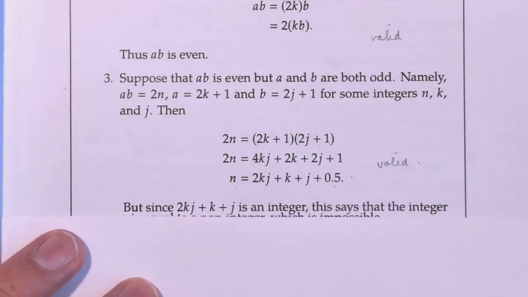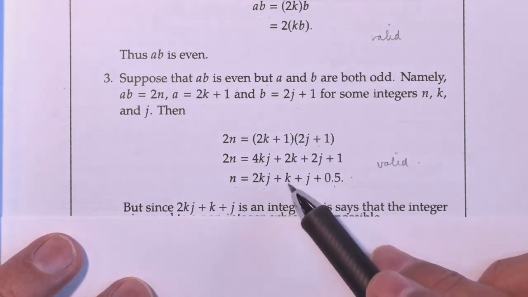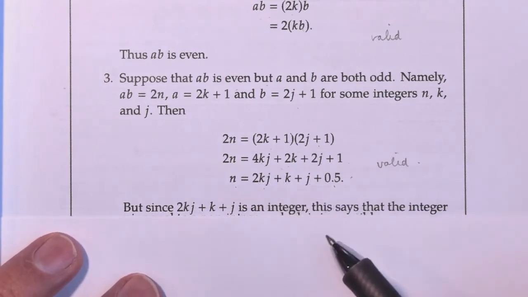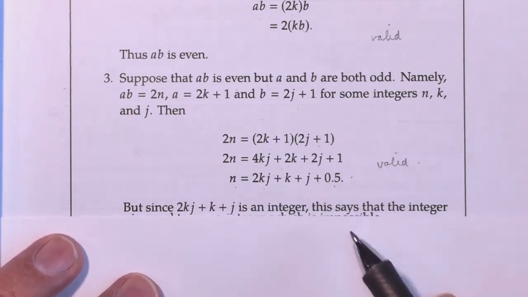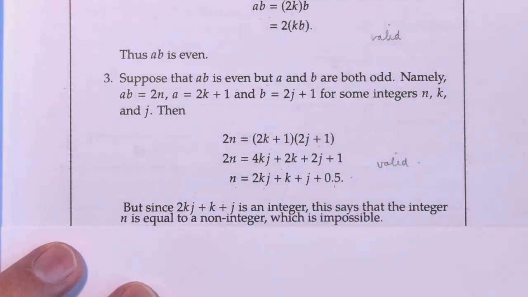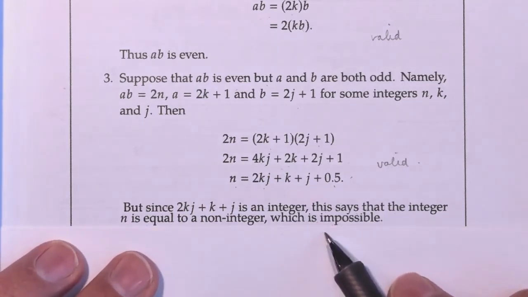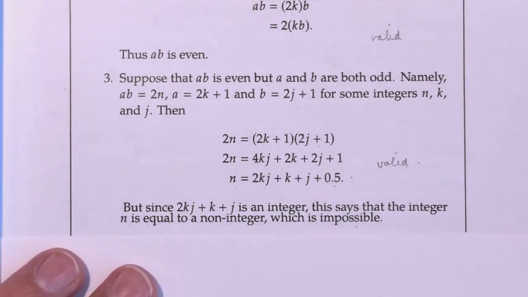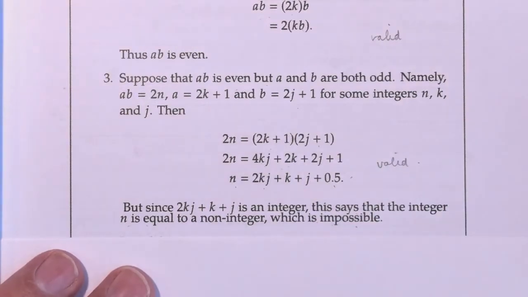Now folks, since 2kj plus k plus j is an integer, it's the sum of integers. That says that any integer n is equal to a non-integer, which is impossible. Okay? So the way we've proved it here is a valid proof.